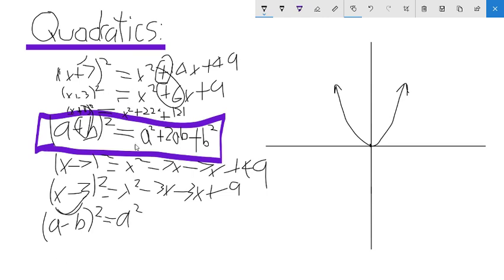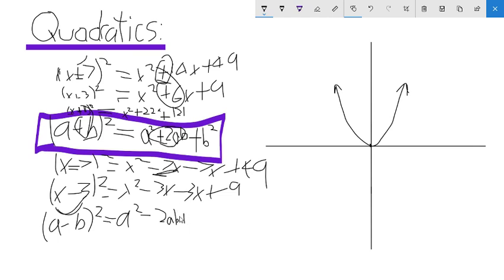Then instead of having a plus here, because this sign is plus, this sign I'm guessing is also plus, since this sign right here is minus, we know that this sign right here has to be minus as well, because that's part of our pattern. So now we're going to have a squared minus the same value of 2ab, and then plus b squared.